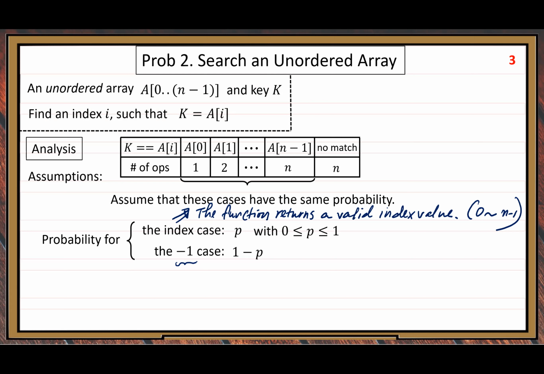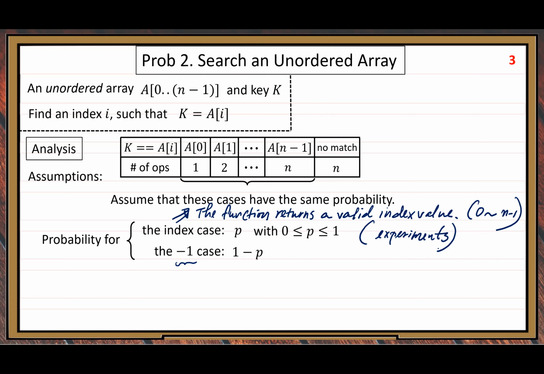But in the real world, you may ask, how do we get this P in real world applications? To get this P, we can do experiments. Because in the real world, when you do the search on a particular group of data, you have all the data, you can do statistics on all the data, so you can find some probability number.